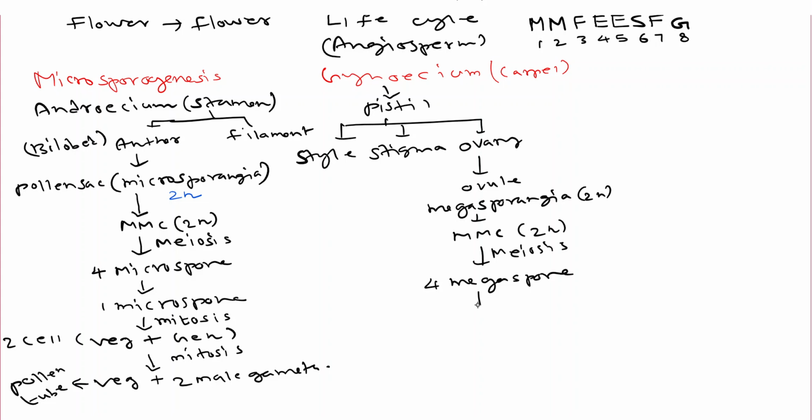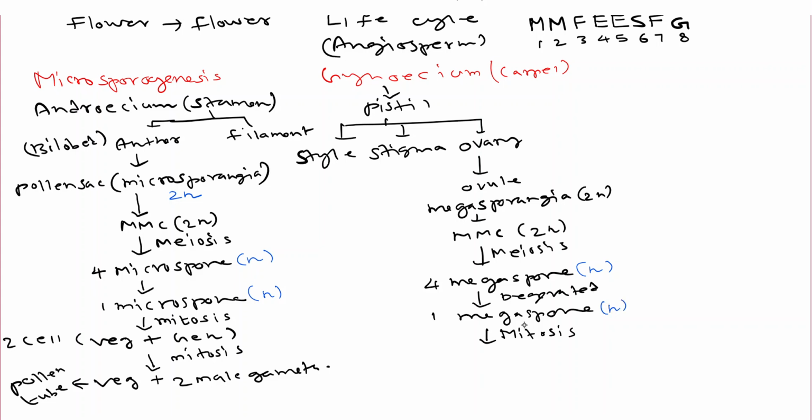Out of this, 3 will degenerate and 1 will be available for the next process. So 1 functional megaspore. The 1 functional megaspore undergoes mitotic division, mitosis. Actually, these megaspores are n in nature. Here also the microspores are n in nature.